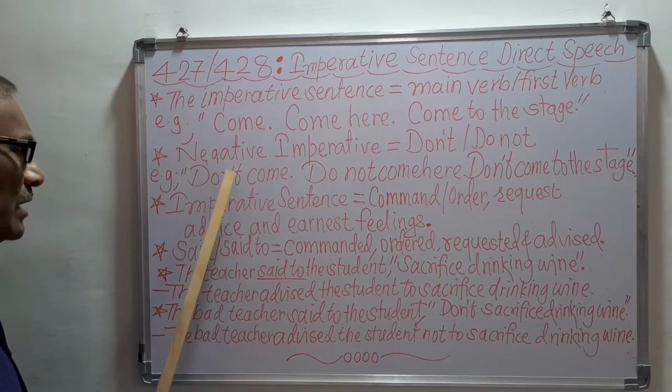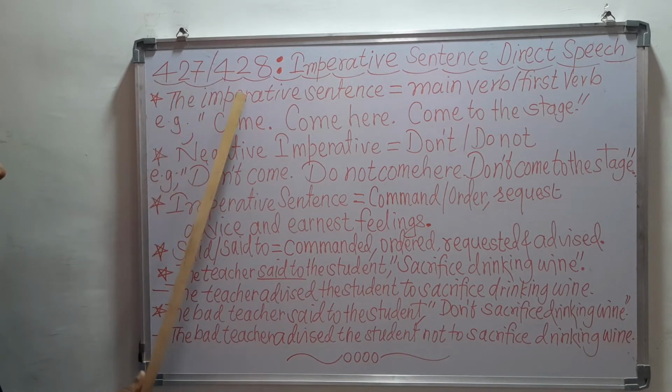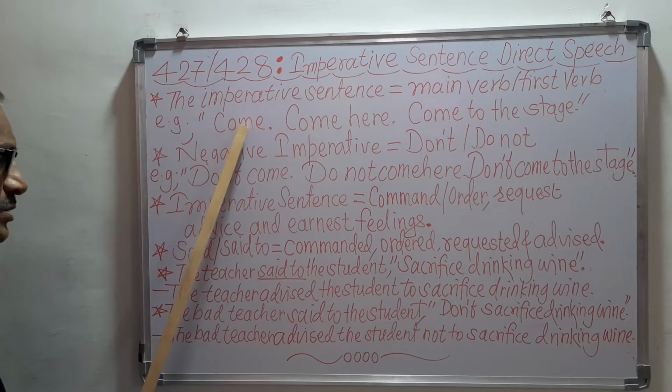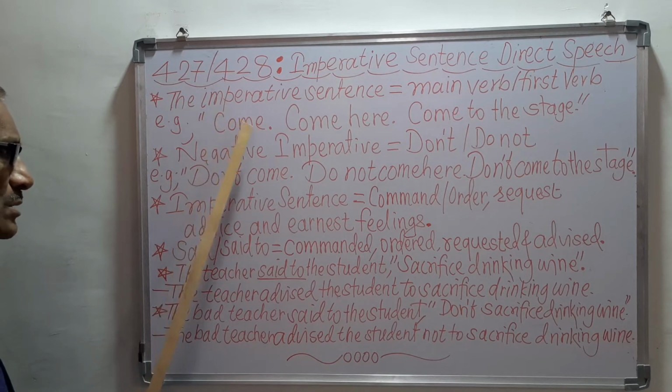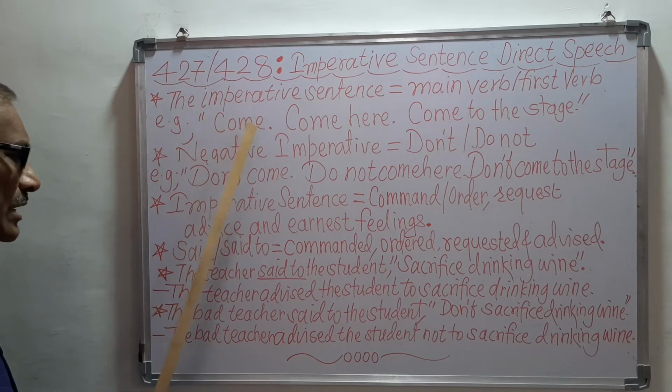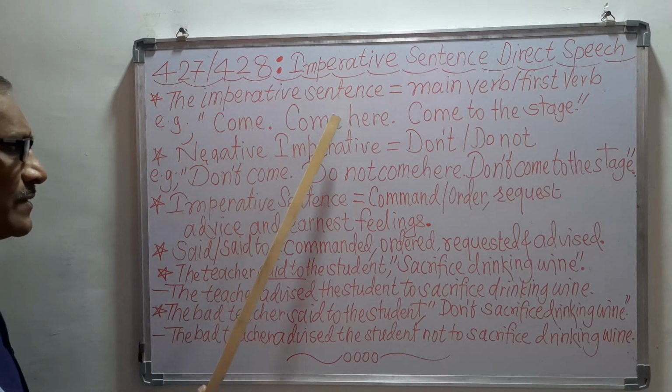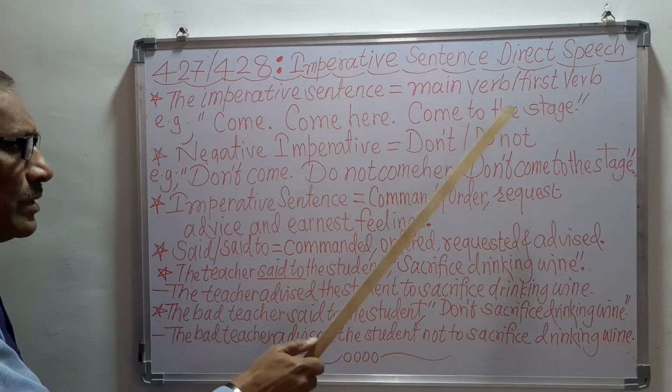So it is very clear that imperative sentences are of two types. The first type is the positive imperative sentence. The first sentence is come, then the second is come here and come to the stage.